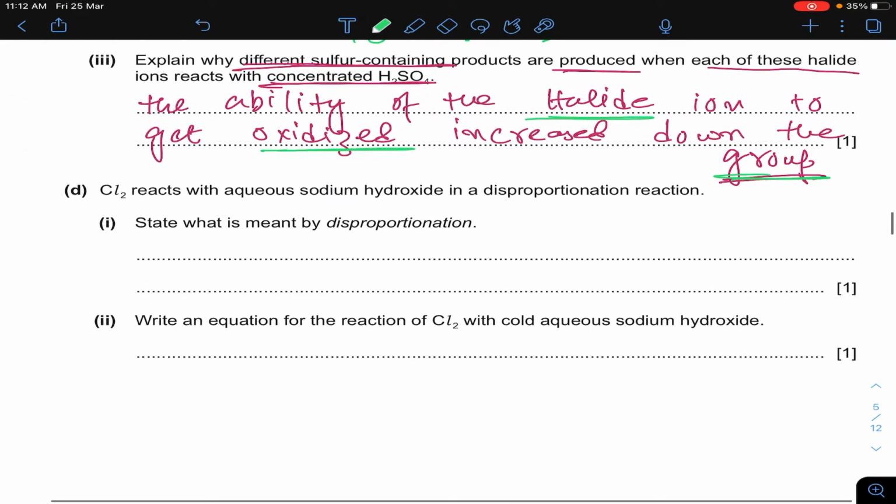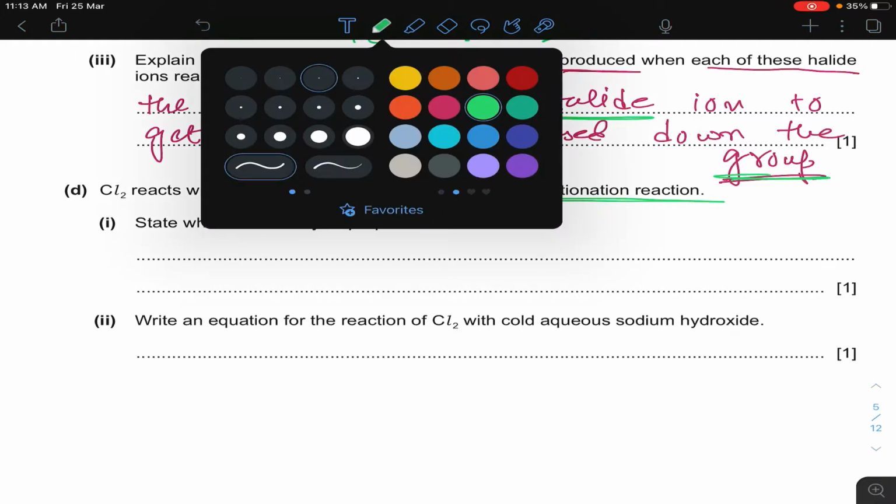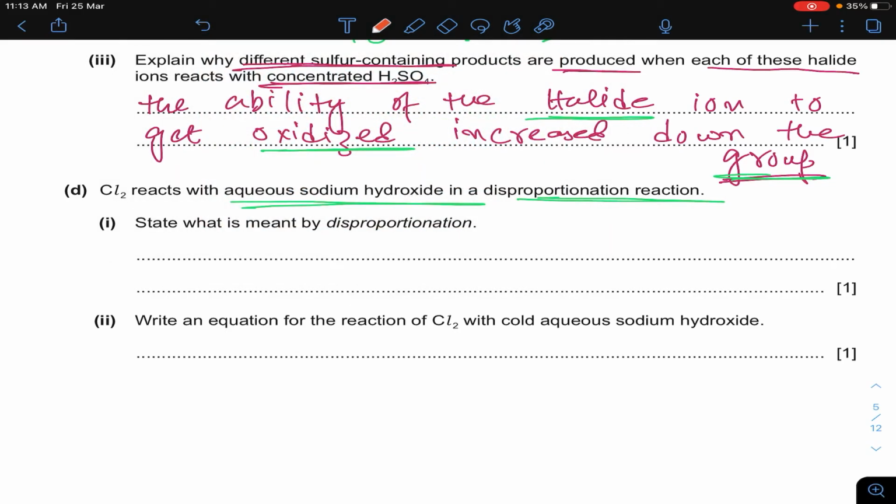Alright, now the next part is: chlorine reacts with aqueous sodium hydroxide in a disproportionation reaction. State what is meant by the term disproportionation. So what is disproportionation? A chemical reaction in which the same element gets oxidized as well as reduced.